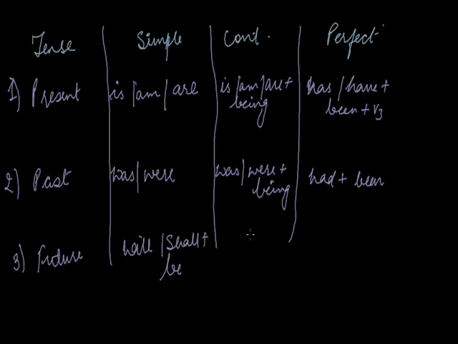In continuous form, you cannot have anything since passive voice of future continuous cannot be made. Now in perfect tense you have will, shall plus have plus been plus V3. So this was all about the table that will help you while you do your passive voice conversion.